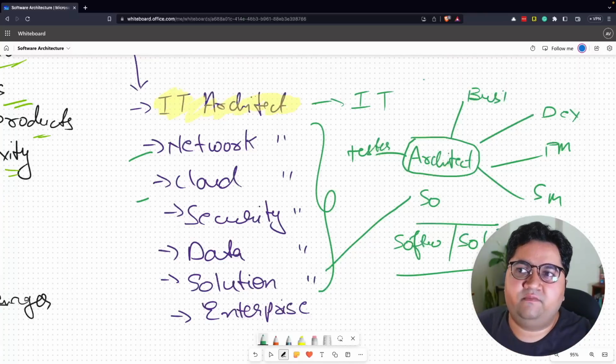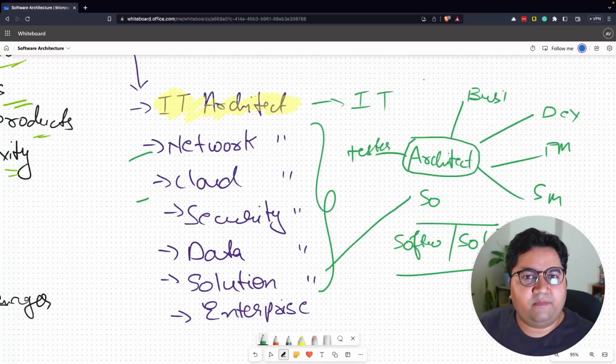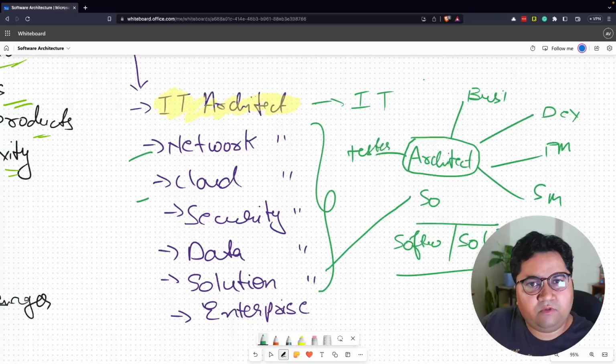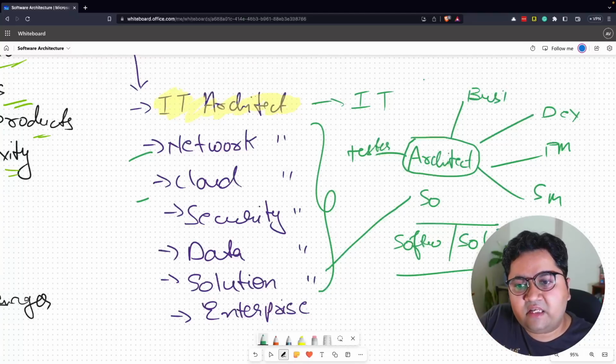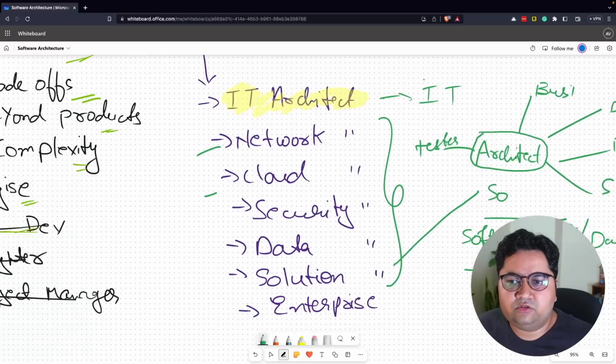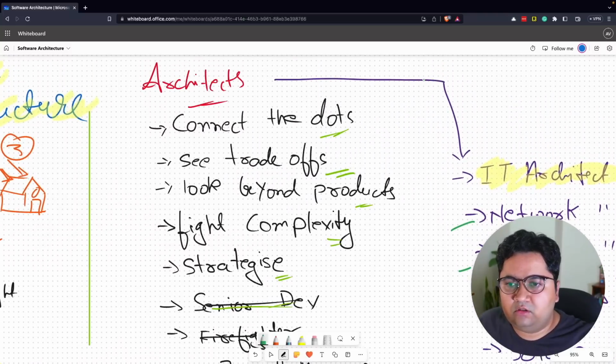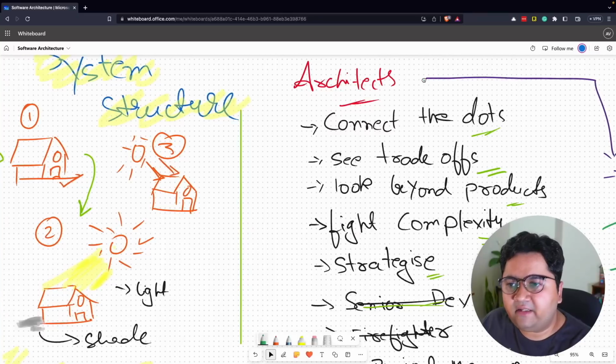Enterprise architects have the highest layer of abstraction of all architects. I think they are the ones responsible for driving the enterprise strategy, driving the whole IT strategy as a whole. So they work with all of these, and they are one of the key movers and decision makers within an enterprise. So that's a bit about architecture and architects.